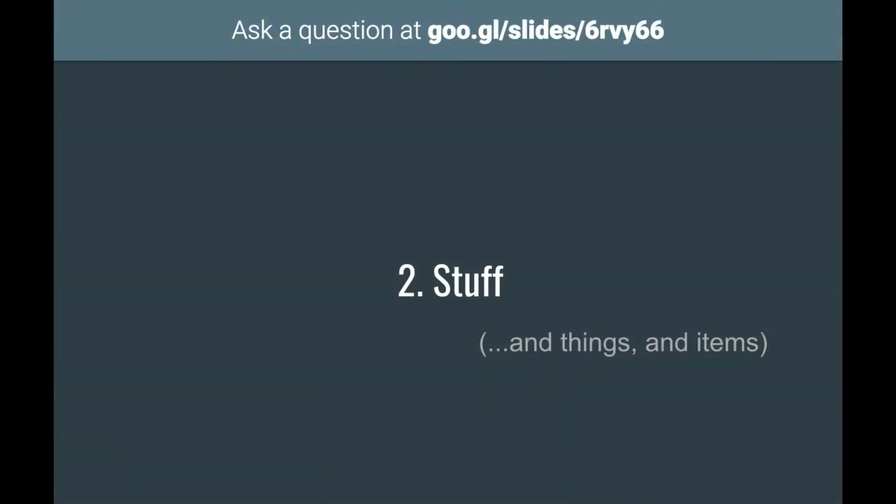All right, so that leaves two left. So the second one, shocker, is stuff. Stuff, and that, again, that's a very general term. This is where we talk about the tools that people use, and those can be hardware tools. Those are probably the most obvious, hardware. Laptops, tablets, phones, desktops, monitors, networking equipment, printers.